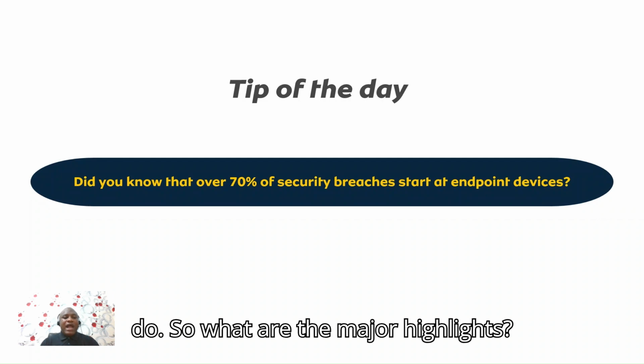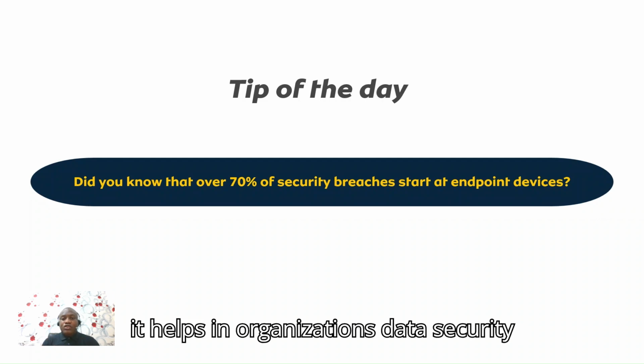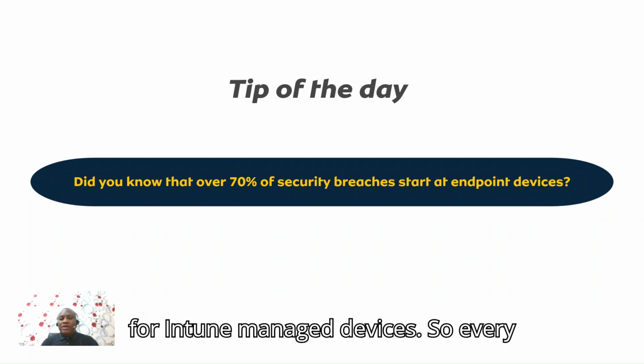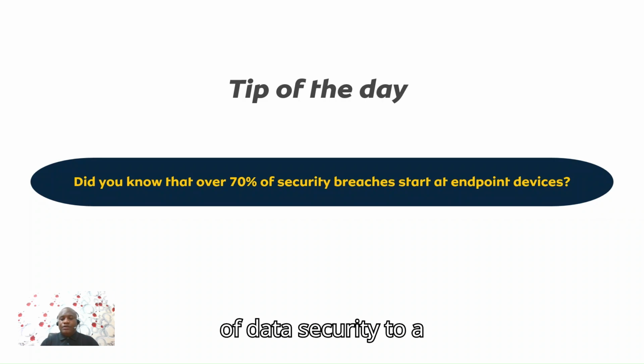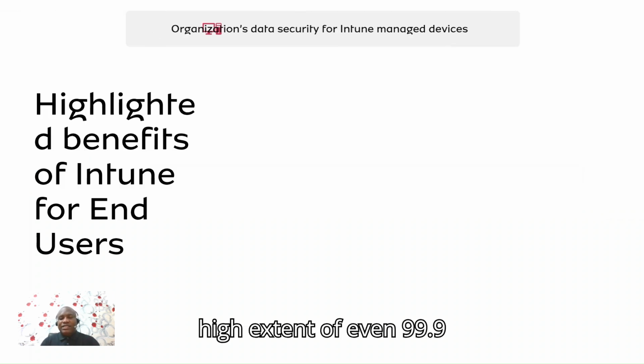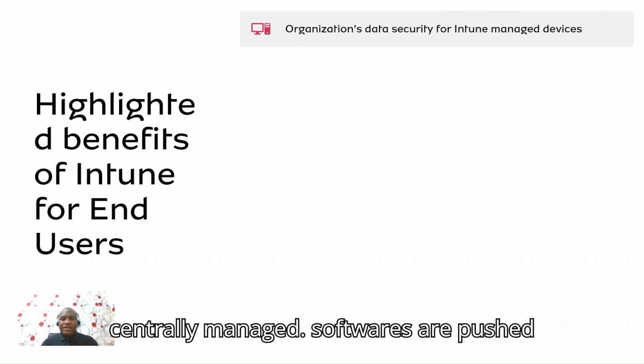So, what are the major highlights or benefits of Intune to end users? One, it helps in organizations' data security for Intune managed devices. So, every Intune managed device is guaranteed data security to a high extent, even 99.9%, because like I mentioned, the security is centrally managed.